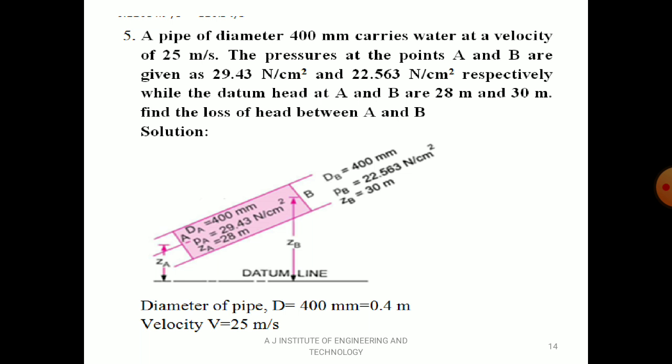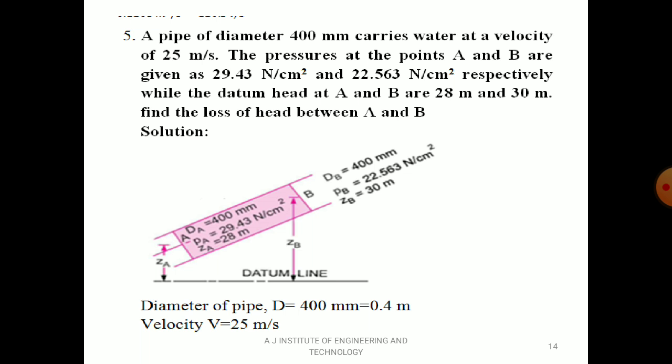So here just draw the diagram. Pipe of diameter 400 mm carries water at a velocity of 25 meter per second. The pressures at points A and B are given as 29.43 and 22.563 Newton per centimeter square. Diameter D1 and D2 is nowhere given, so that means the pipe is uniform. So D1 equal to D2 equal to 400 mm, that is 0.4 meter.